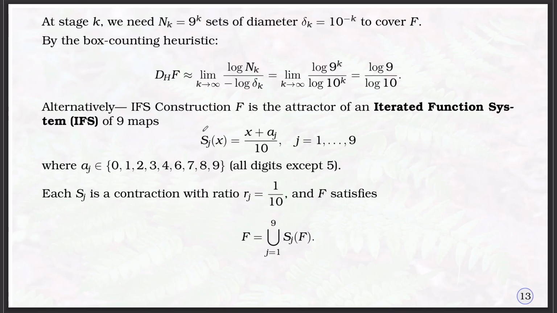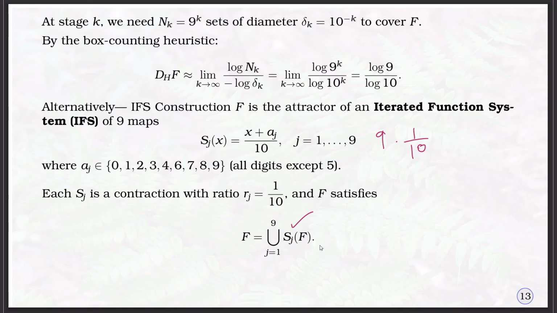Each of these Sj is a contraction mapping with contraction ratio 1 by 10. So we have 9 geometrically similar contraction mappings, each with ratio 1 by 10, and F can be written as the union of all the mappings.